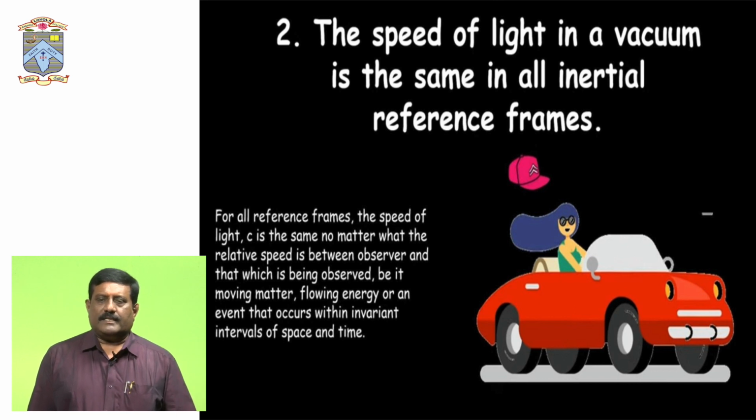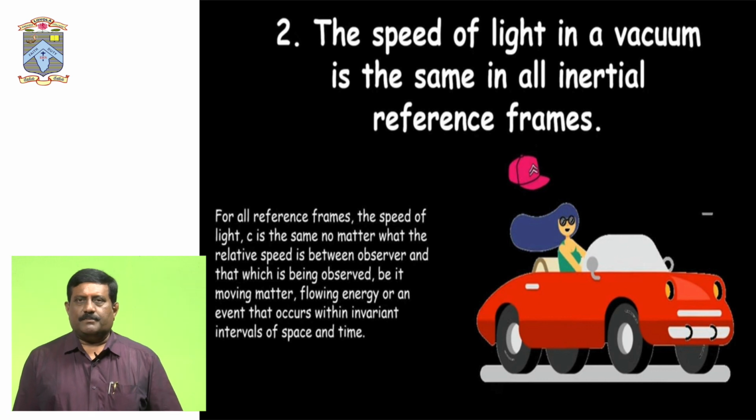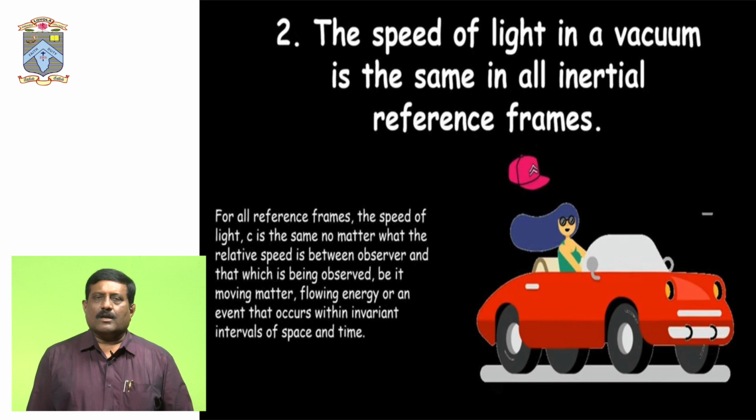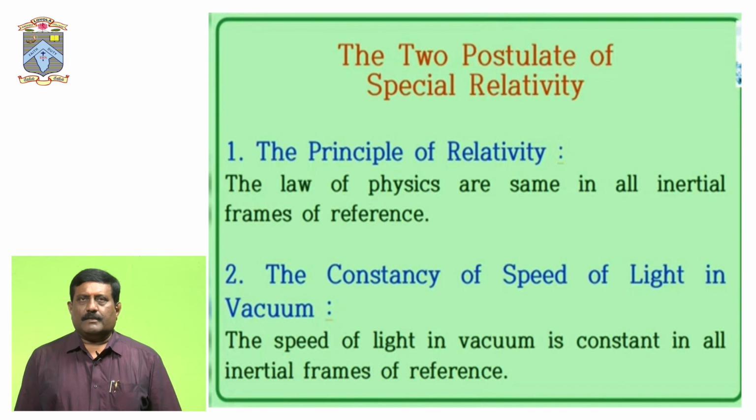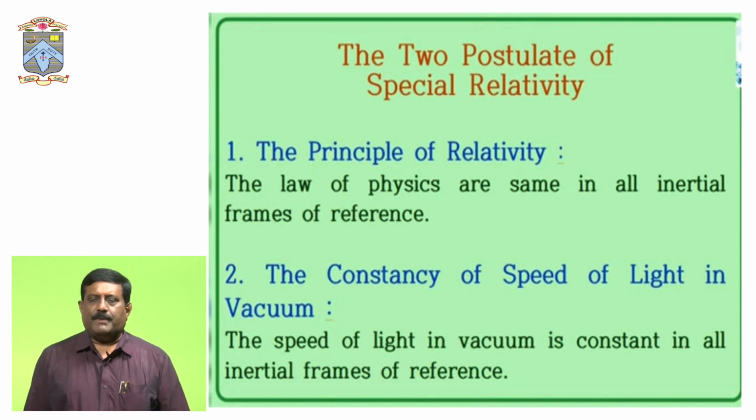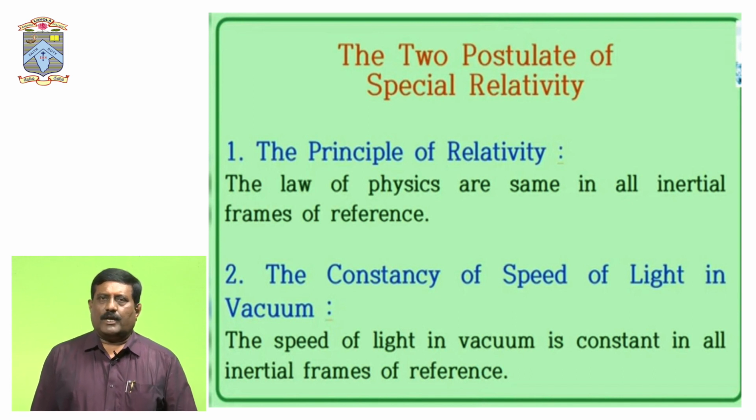Even if the car is at rest, the speed of light will be the same. That means irrespective of whether the observer is at rest or in motion, the speed of light always remains constant. This second postulate led to so many consequences. So, the speed of light is independent of external factors.